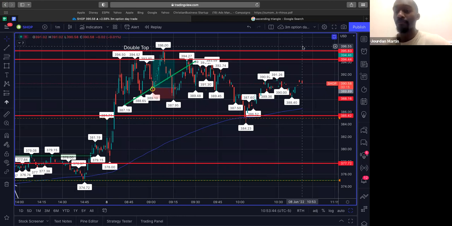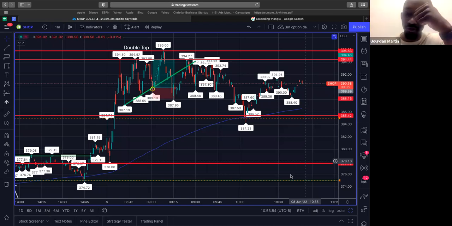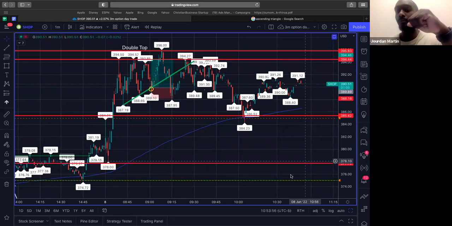But two simple ways to get better with your entries would be, one, drilling down to a smaller time frame, because it has to happen on a smaller time frame before it happens on a larger time frame. And then two would be studying your entries.